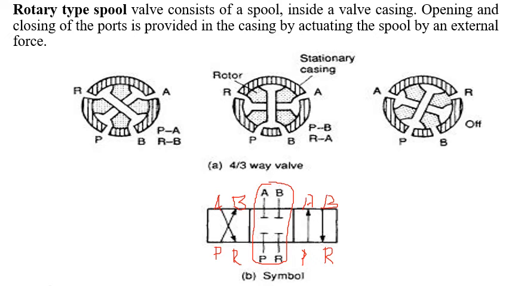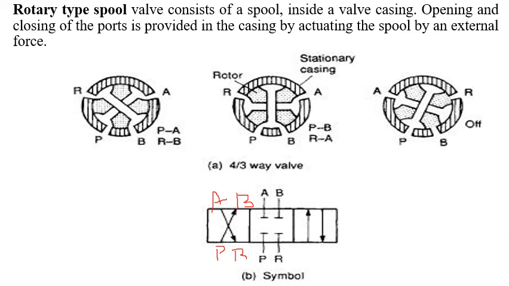Look at this. What will happen in the first position? P is connected to B, and A is connected to R. Look at these three diagrams. Where is P connected to B and A connected to R?